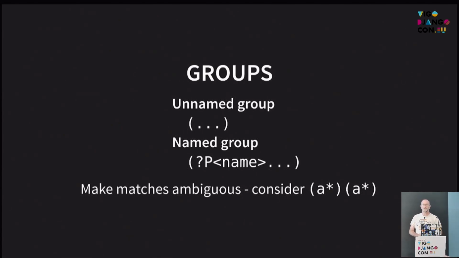Groups make it important not just if a string was matched, but also how it was matched. For example, if you look at the regular expression at the bottom with the two A stars and match it against a sequence of A's, suddenly it matters how many A's go to the first group and how many go to the second.